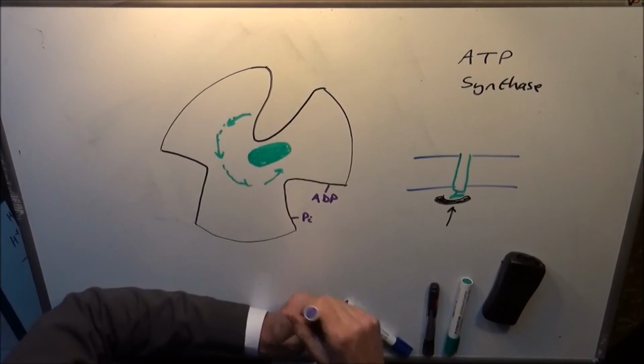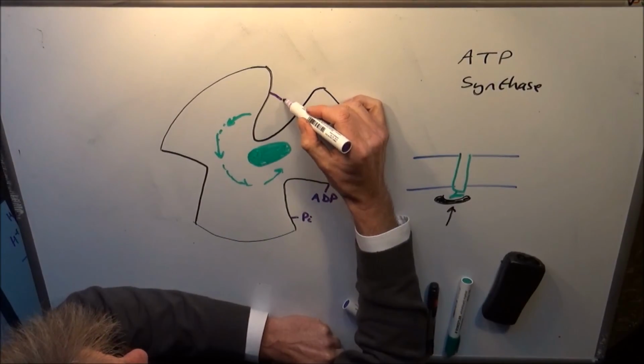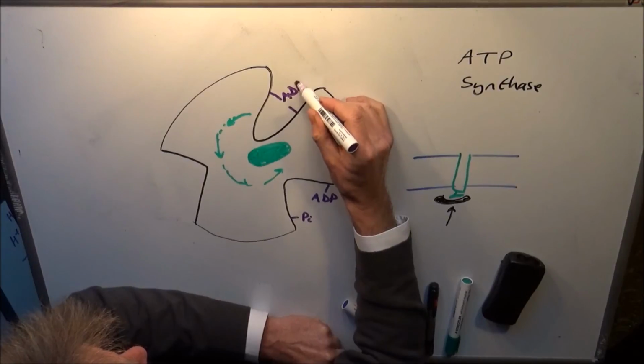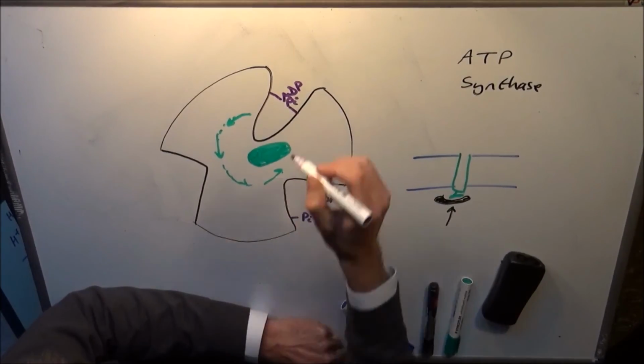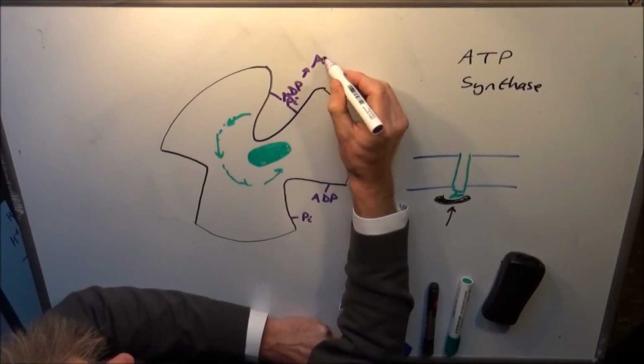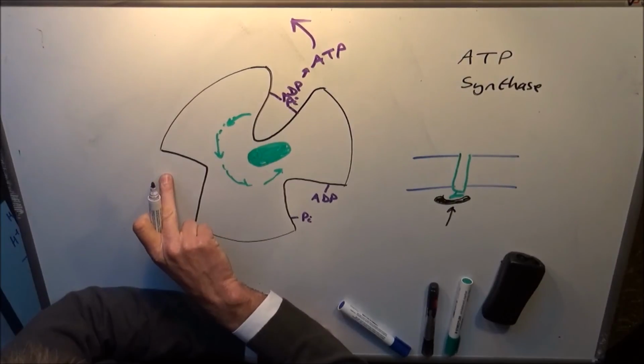But when they get pushed really close together like this, so you've got the ADP there and you've got the inorganic phosphate there, that's when the reaction takes place, and they make ATP, which then is released, and then you go back to the other side.